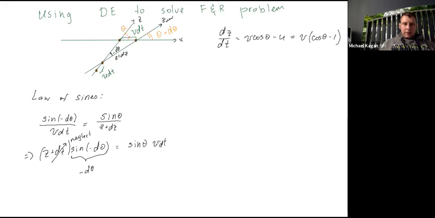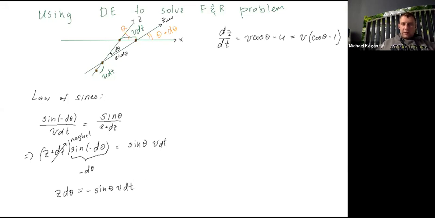Because you want to write the time derivative. Time derivative is a limit of d theta over dt, and this will just go to 0 in the limit because this is the dominant part and this is the smaller part. Okay, so let me just rewrite it in a clean way. Z d theta equals negative sine theta v dt.